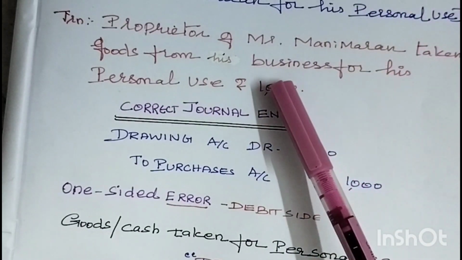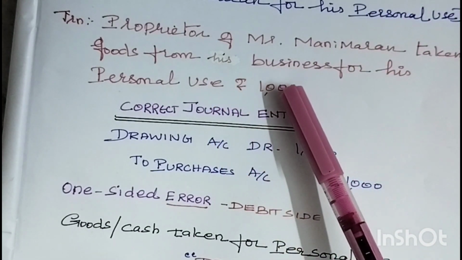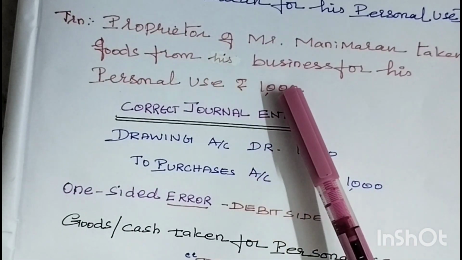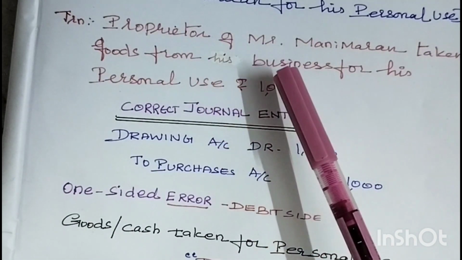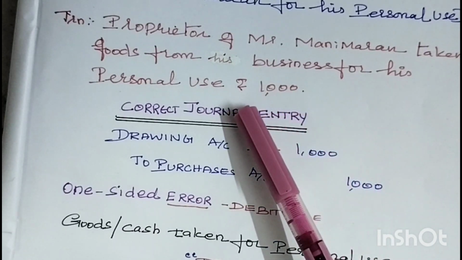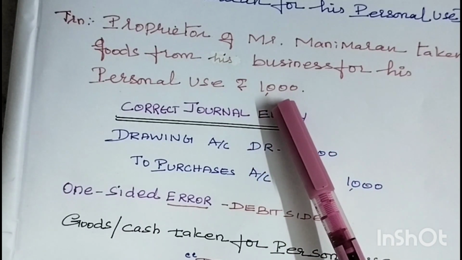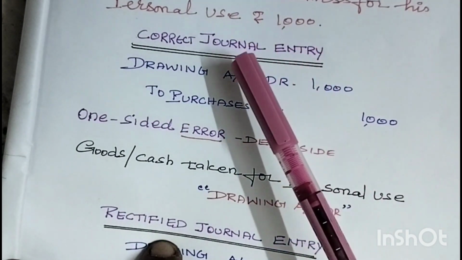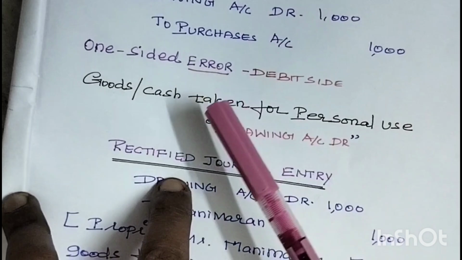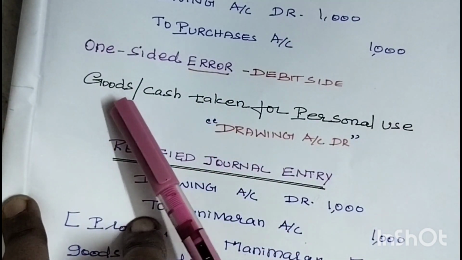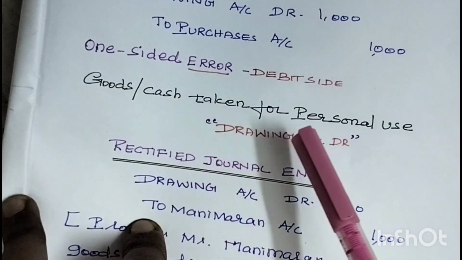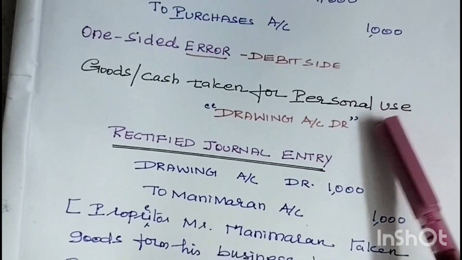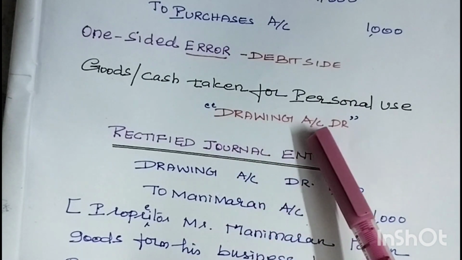1,000 rupees worth of goods you took from your business for your personal use. Do you understand? The worth of goods is 1,000 rupees. Okay. So whenever you take goods or cash from your business for personal use, you have to write drawing account.